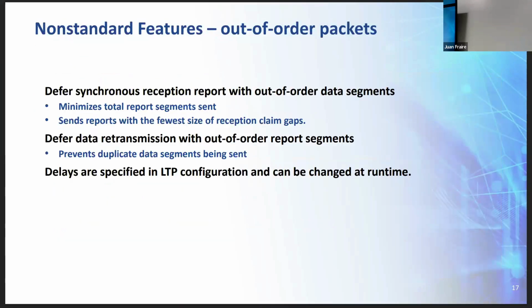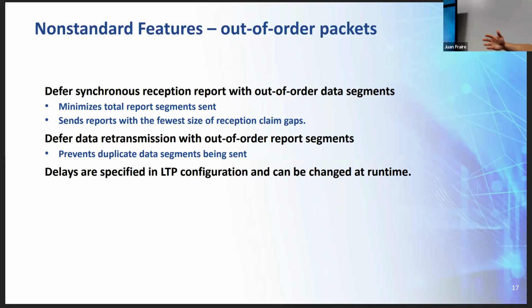So I just talked about optimizations. Now, what about some non-standard features? How can we make LTP better outside of the specification laid out? Well, one thing you may know is that some networks induce what are called out-of-order packets.